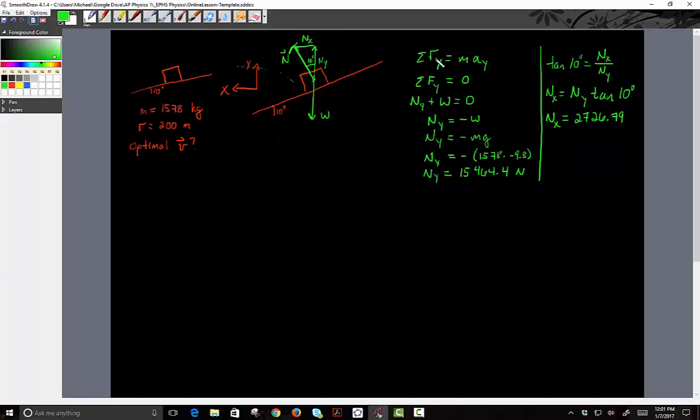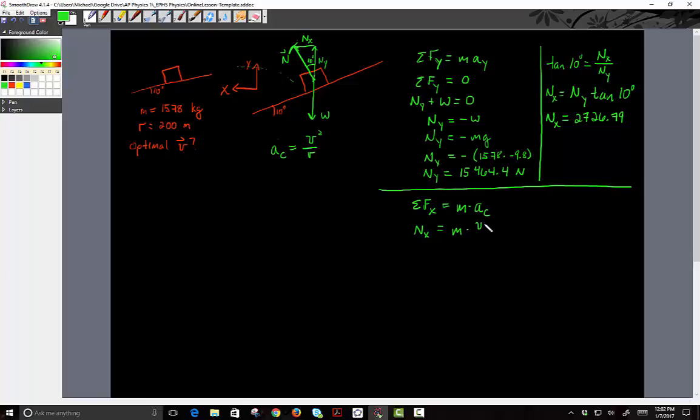So now we can move from the sum of the forces in the y to the sum of the forces in the x, and we can use all this information. So the sum of the forces in the x direction is going to be the mass times, this is centripetal, so we have a centripetal acceleration. The only force in that direction is the normal in the x direction, and that would be mass times, and now I substitute my equation, remembering that the centripetal acceleration is going to be v squared over r.